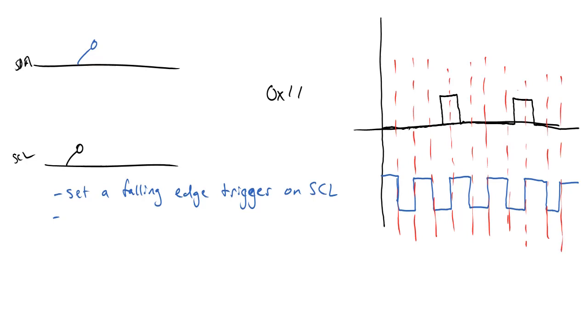So if we put this into binary, it should be 0, 0, 0, 1, 0, 0, 0, 1. And this is SDA, and this is SCL. Okay? So that's how you would use your oscilloscope.